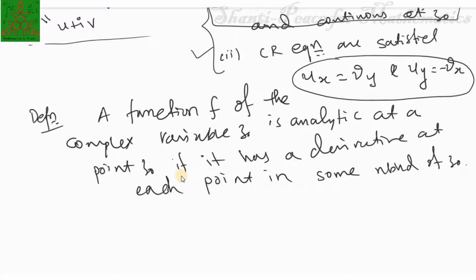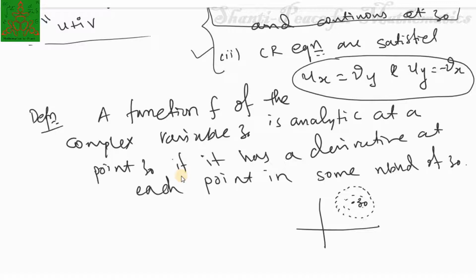So the function has to be differentiable in some neighborhood of z0. In all the points inside this neighborhood the function is differentiable, then we can say that the function is analytic at this point z0.